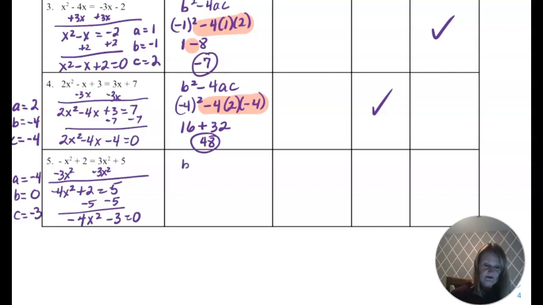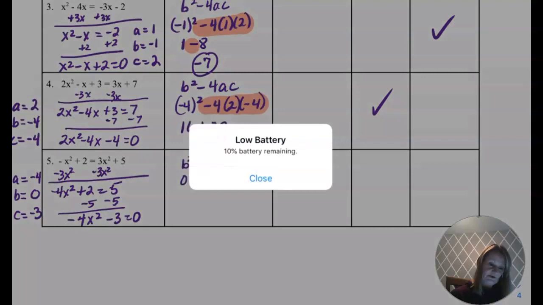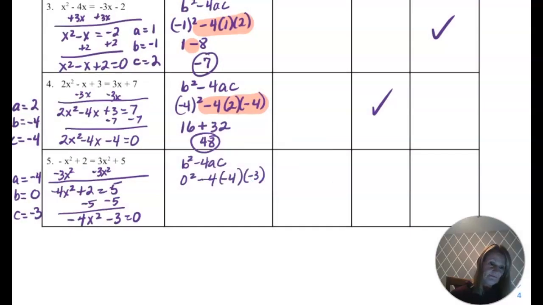So again, let's go through. So b is 0. A is a negative 4. And c is a negative 3. Okay. Again, back with what I was telling you on there. I have 3 negatives, so my answer is going to be negative.